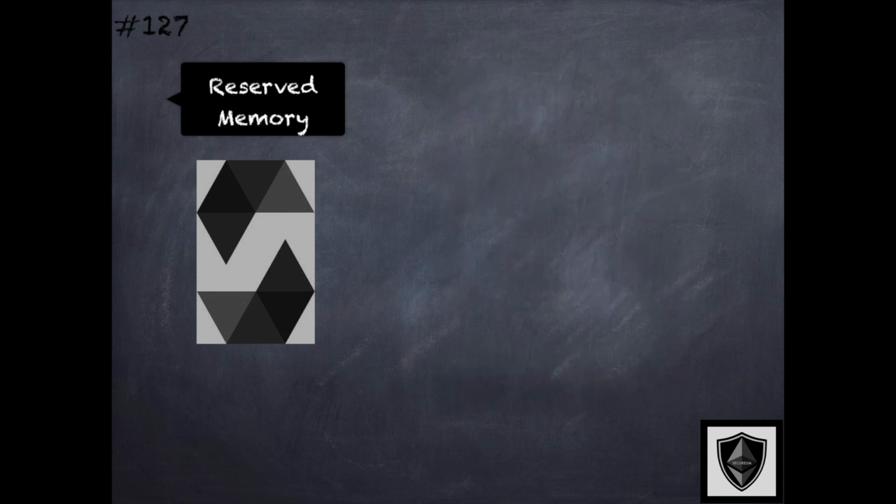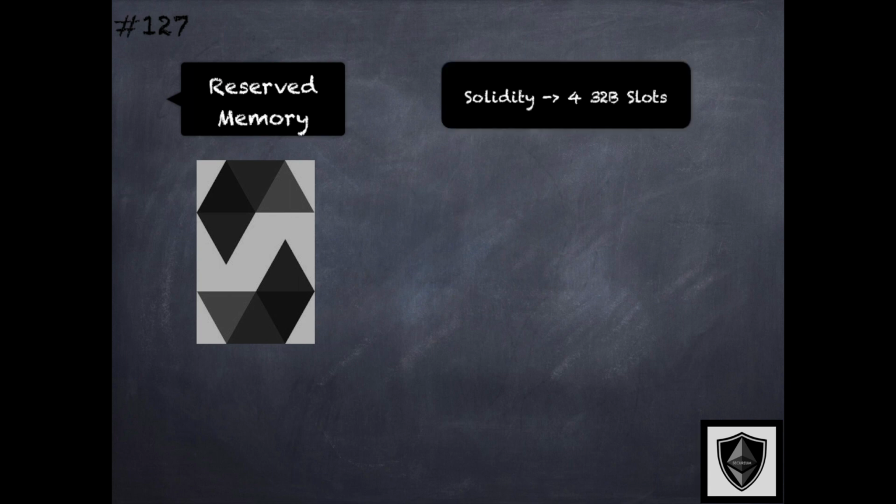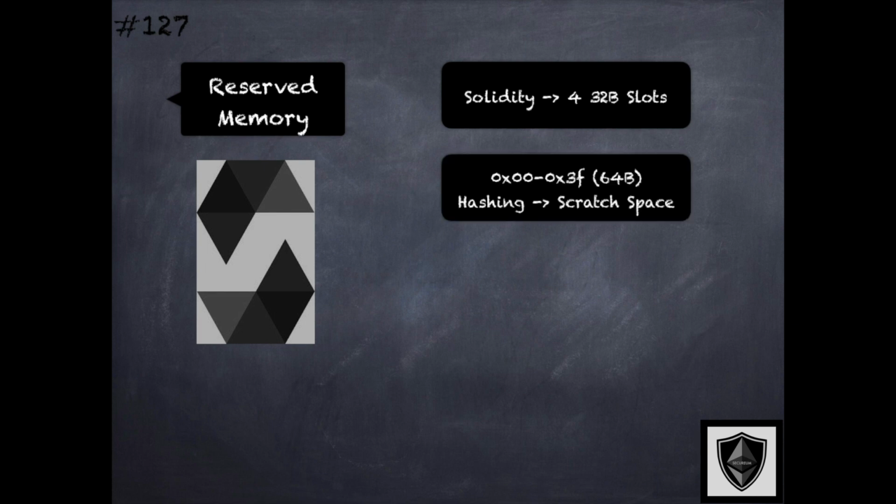The initial value of the free memory pointer in Solidity is hex 80 because the first four 32-byte slots are reserved by Solidity, and these add up to 128 bytes and therefore the hex 80 value. The first two of those 32-byte slots are used by Solidity as a scratch space for the hashing methods.